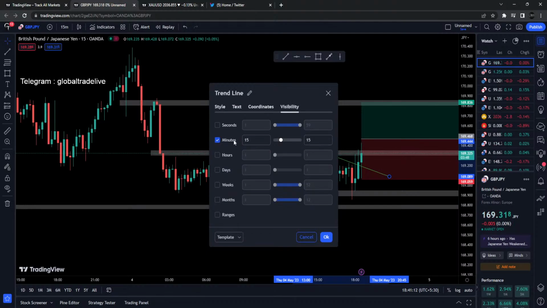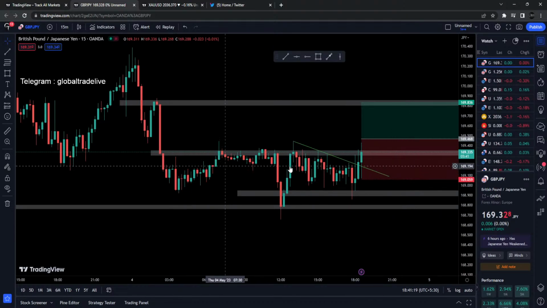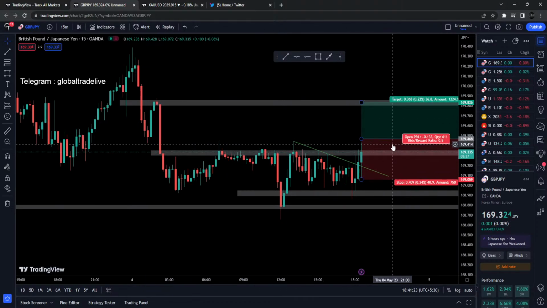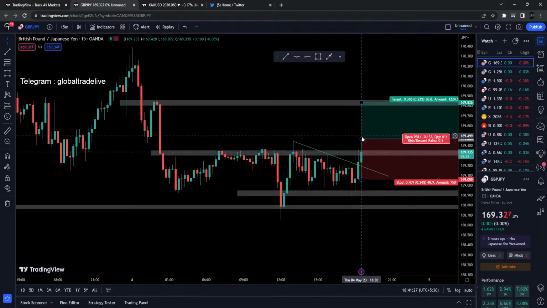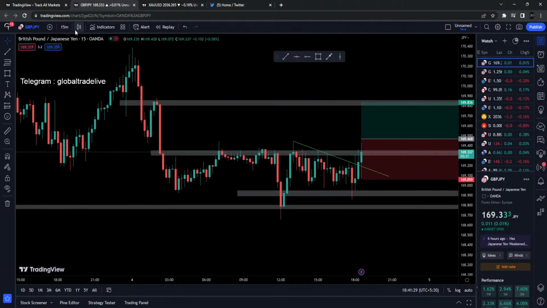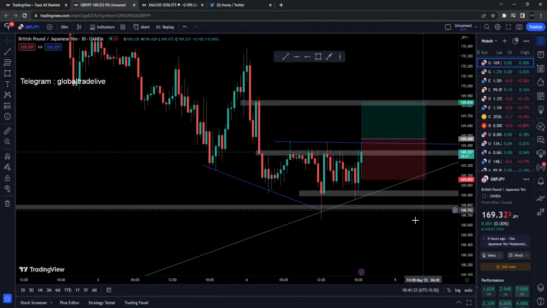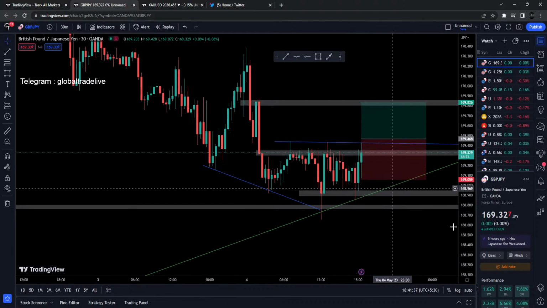I think we are gonna have a nice bullish move in GBP JPY, because yes, the market will be repeating this move over here, definitely. I really think that's gonna happen, guys. So once the candle breaks this price, I'm gonna enter buy, because I think this move will be corrected over here.